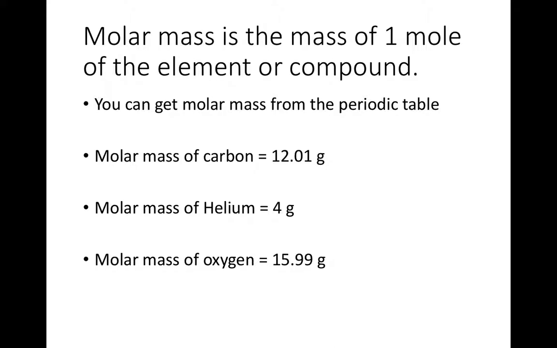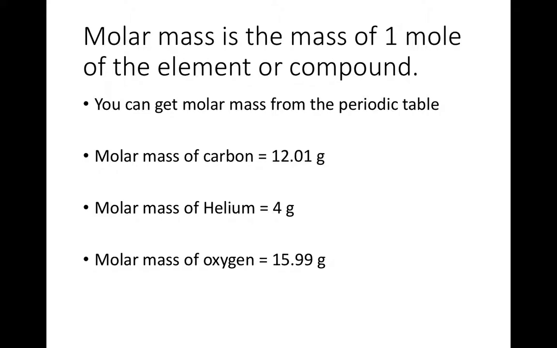If I have 1 mole of helium, helium is atomic number 2 on your periodic table, the second element, you'll find that 1 mole of helium on a weighing scale would weigh 4 grams, and those 4 grams would contain 6.02 times 10 to the power 23 atoms. Now, if you look at the molar mass of oxygen, oxygen is atomic number 8, and if you had 6.02 times 10 to the power 23 atoms of oxygen, it would weigh 15.99 grams.